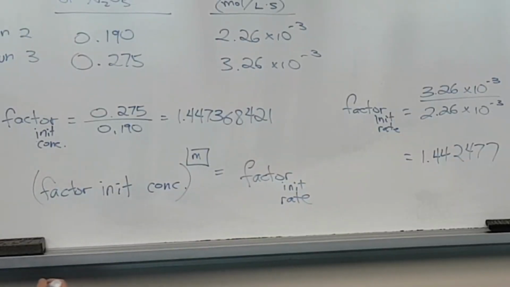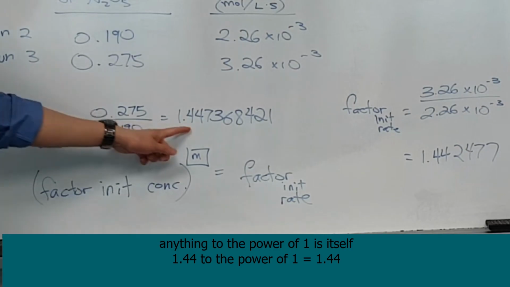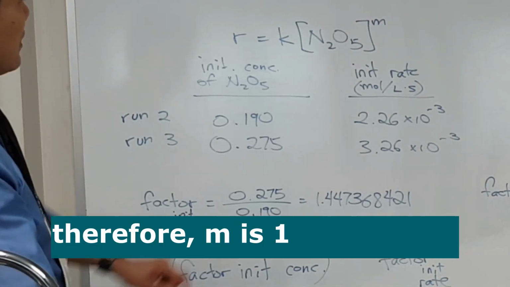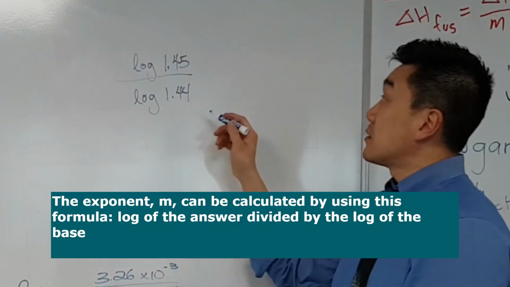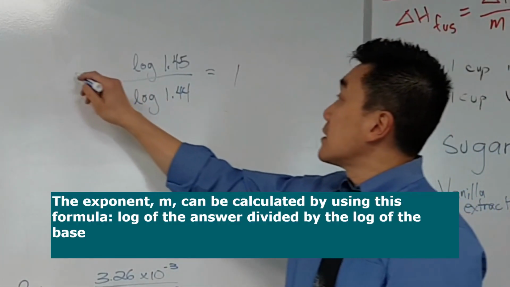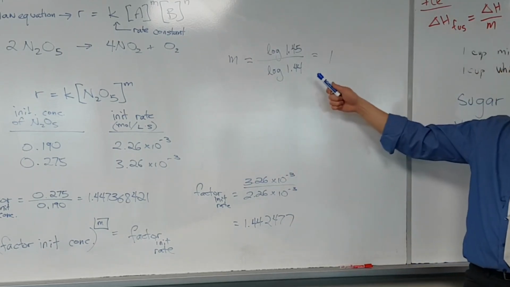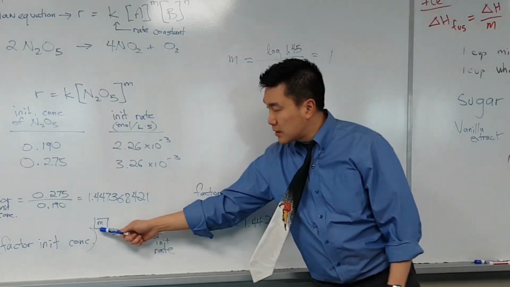Okay. So it's probably going to be 1. You can tell, right? 1.44 to the power of 1 equals 1.44. So that means M is 1. So you divide those two, and you should get 1, and that's what M is. So we're just going to use that formula over and over again to find this missing exponent.